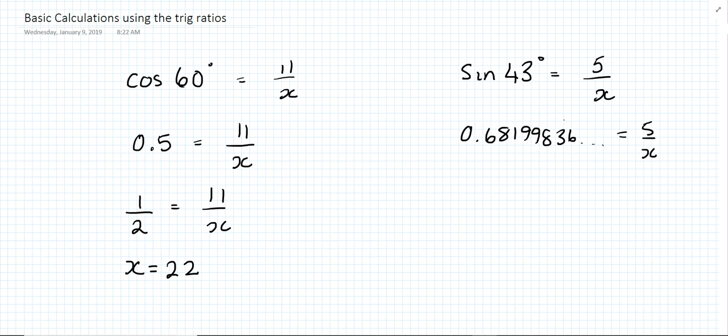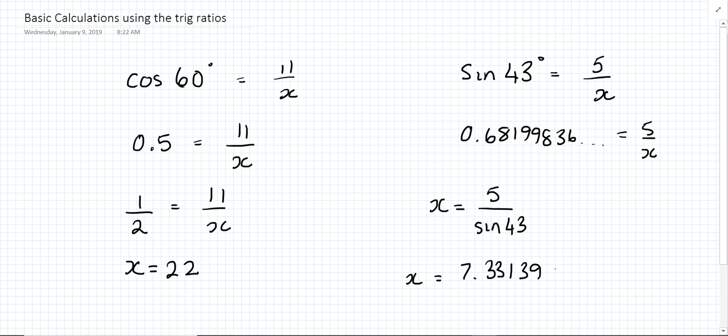So for instance, if I ask you to work out x now, how would we do it? We would say x equals 5 divided by sine 43. What is it? Exactly, so basically it's 7.331395923.